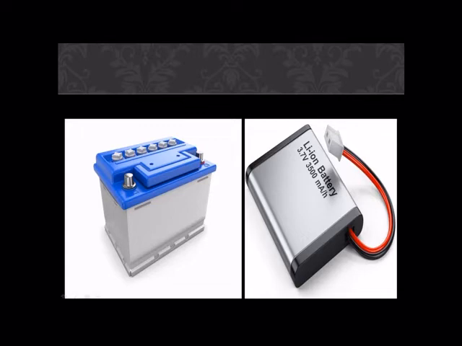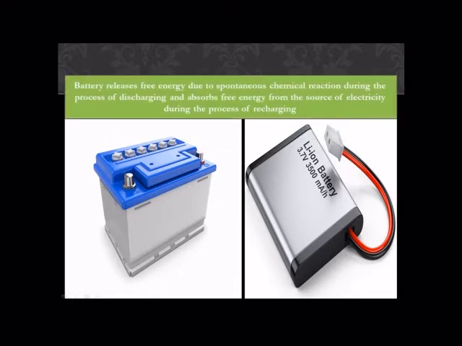And when the battery charge goes down and you need to recharge it, that recharging process is a non-spontaneous process. So the battery releases free energy due to a spontaneous chemical reaction during discharging, and it absorbs free energy from the source of electricity during recharging. So a battery is a simple device which works on two mechanisms of electrochemistry, that is the release of energy and absorption.